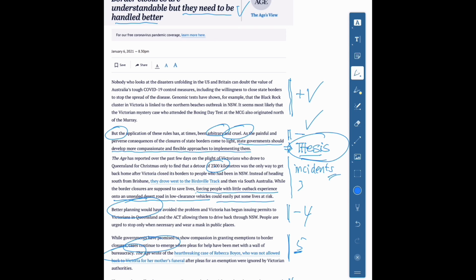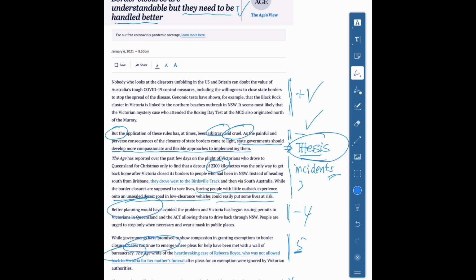So that is why the author gives us some examples of how the policies really need improvement.